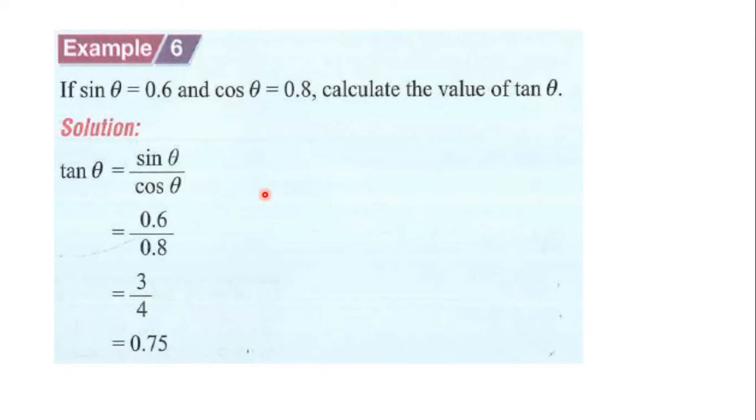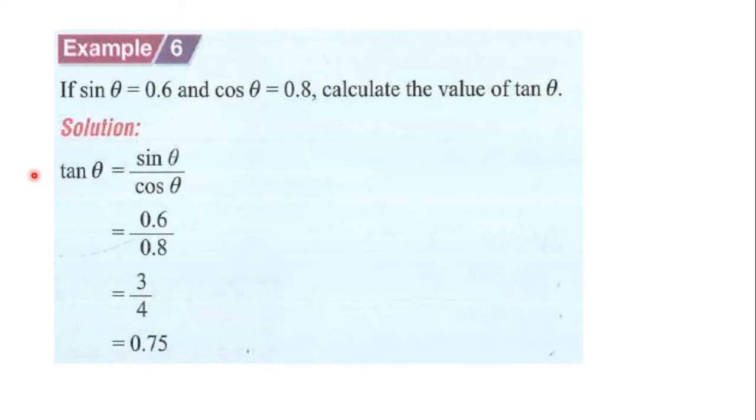If sine theta equals 0.6 and cos theta equals 0.8, calculate the value of tangent theta. In this question, the right angle triangle is not given to you, so you do not know the measurements of the triangle to find tangent theta.